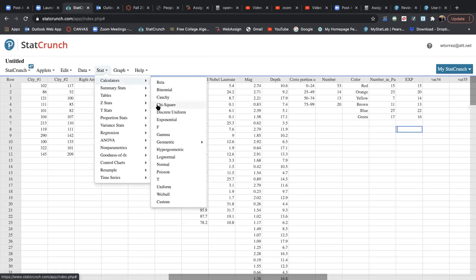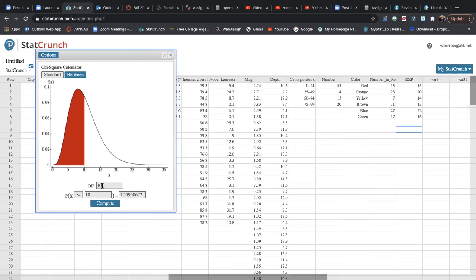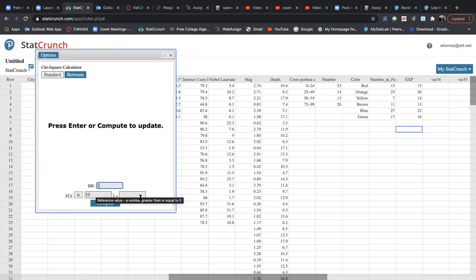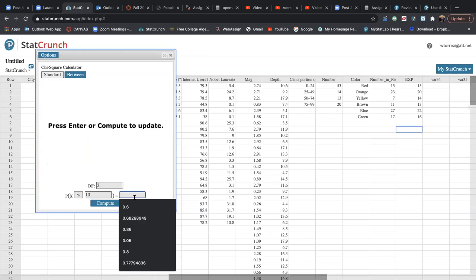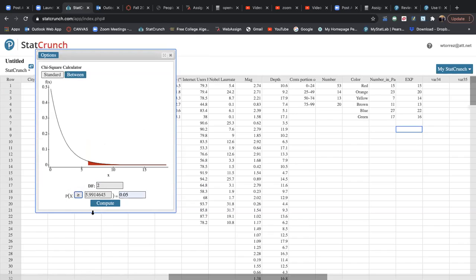That's under stats, calculators, chi-square. And R minus 1 times C minus 1 is 2. Our significance level here is 0.05. It's in the right tail. And we get our critical value of about 6. Or rounded to 3 places, it would be 5.991.